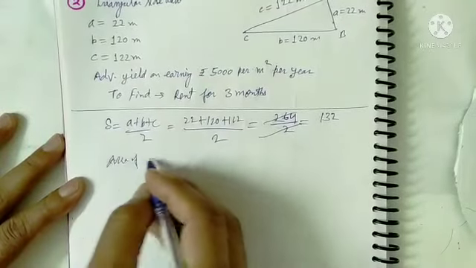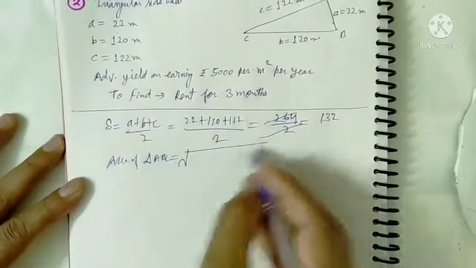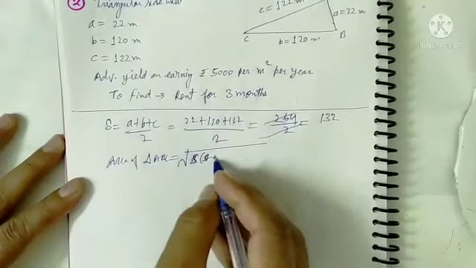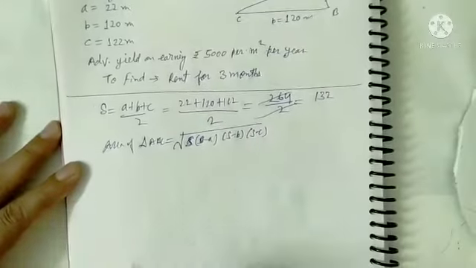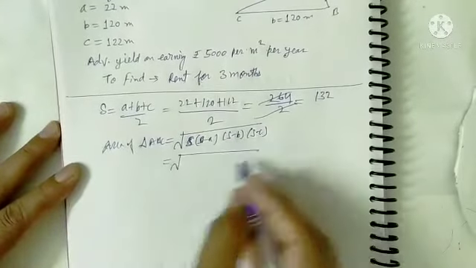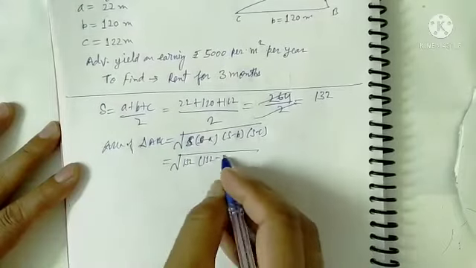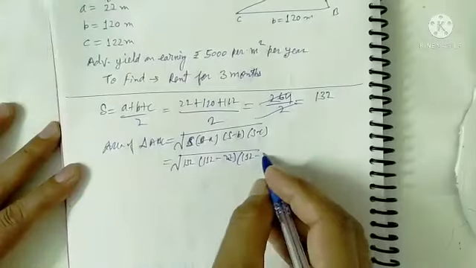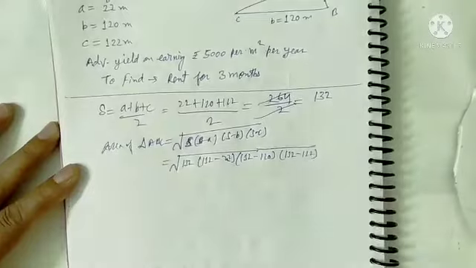The area of triangle ABC, the triangular wall, is under root S into S minus A, S minus B, S minus C. Now put the values here. S means 132. 132 minus 22, again 132 minus 120, and a third time 132 minus 122.